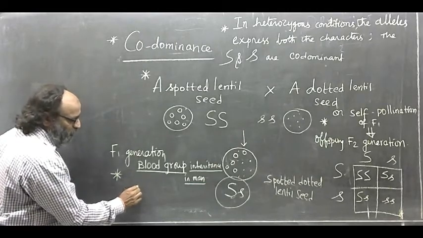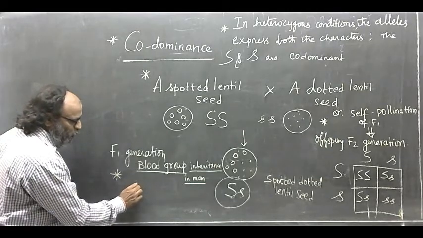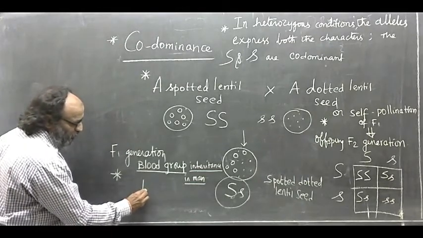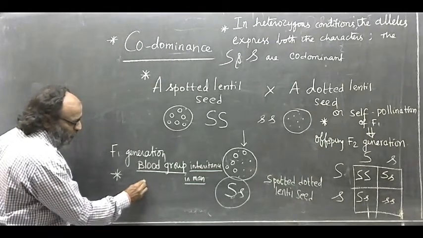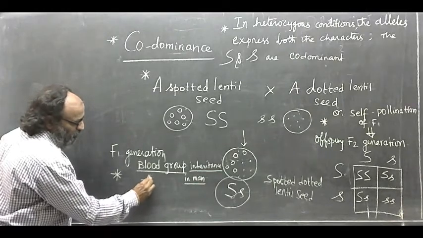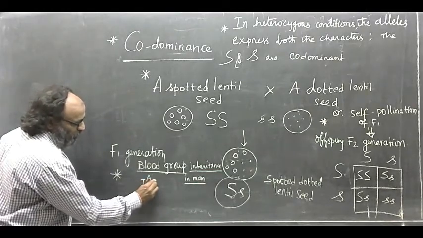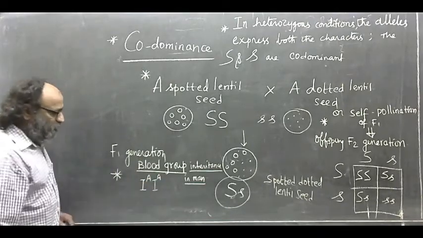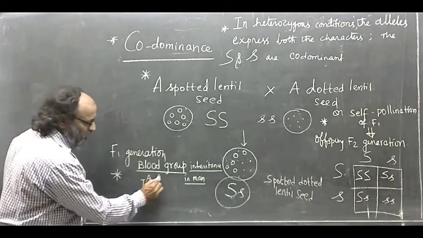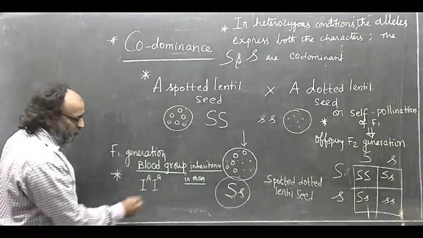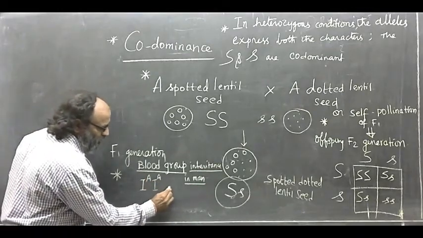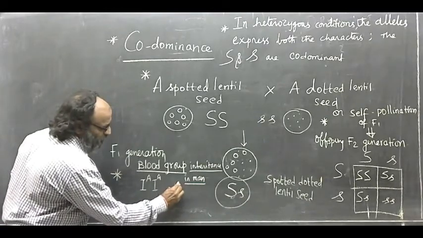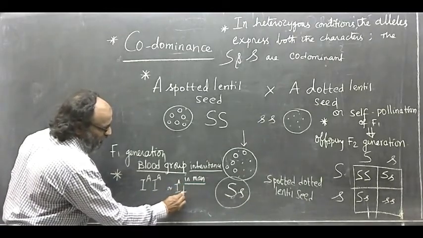Say for example, if the person's blood group is A, its genotype is IA IA, or its genotype is IA IO.